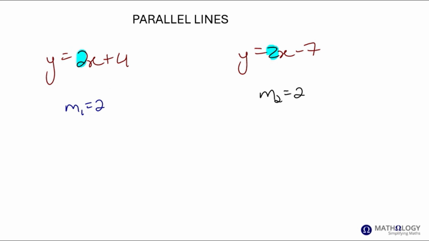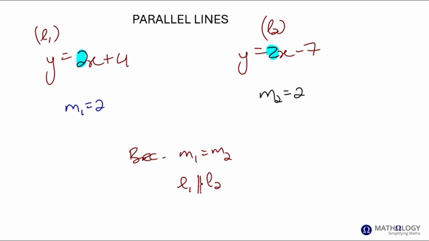So because gradient 1 equals gradient 2, if we call this line 1, and we call that line 2, line 1 is parallel to line 2. And we know this just by looking at the straight line graphs in standard form. Right?